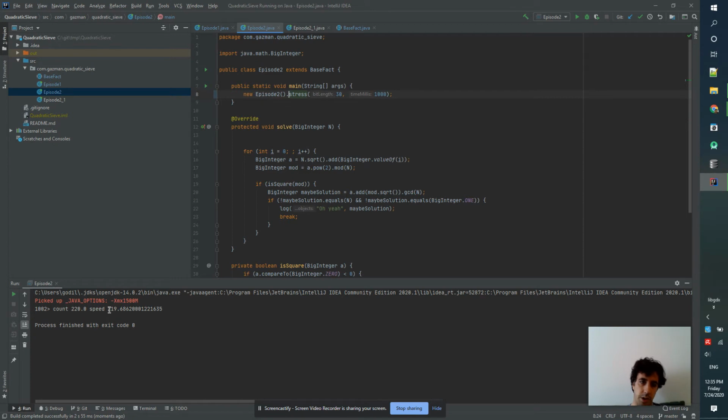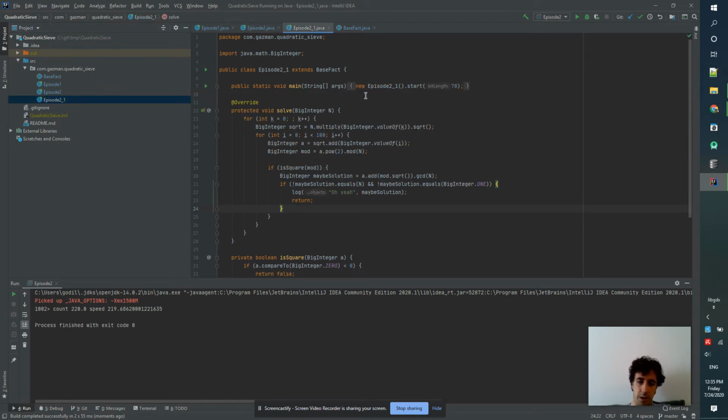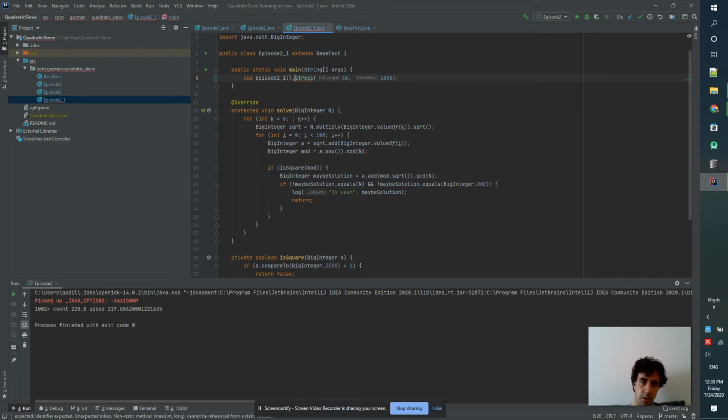It's 219 times a second. Right, and now for our latest optimization. Right, it's about 3 times faster.